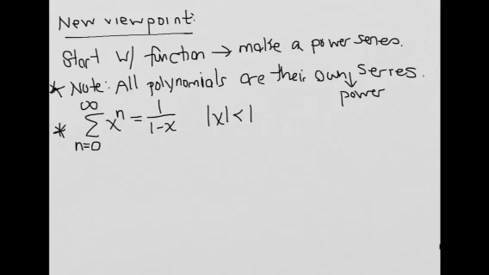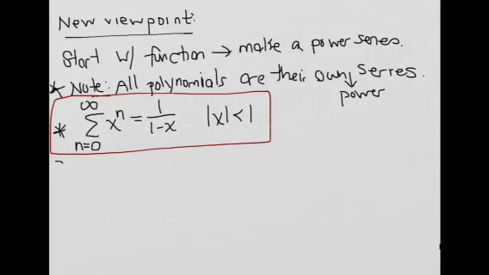So that's 1 over 1 minus x. This is the big idea we're going to use in the first few examples: how to take 1 over 1 minus x and convert it, or convert something like it, to other interesting looking power series.